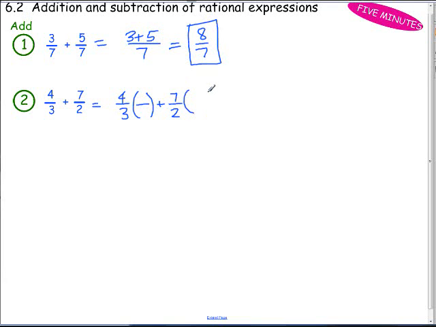So what could we do that would make the denominators the same? We could go to a least common denominator, a least common denominator of 6.